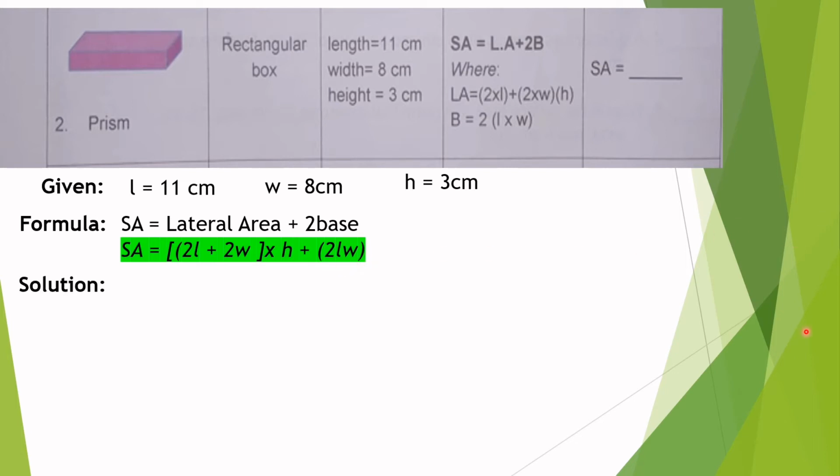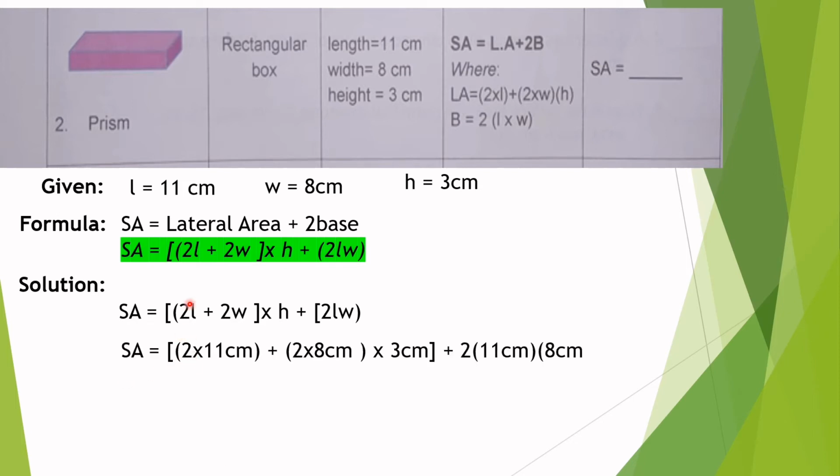Solution: first we need to copy the formula as our guide and then substitute the given. So we have now SA is equal to 2 times L, which is 11 centimeters, plus 2 times W, 8 centimeters, times our height, which is 3 centimeters, plus copy the constant 2 times our length, which is 11 centimeters, times W, which is 8 centimeters. Next, we need to perform first those operations inside the parentheses.